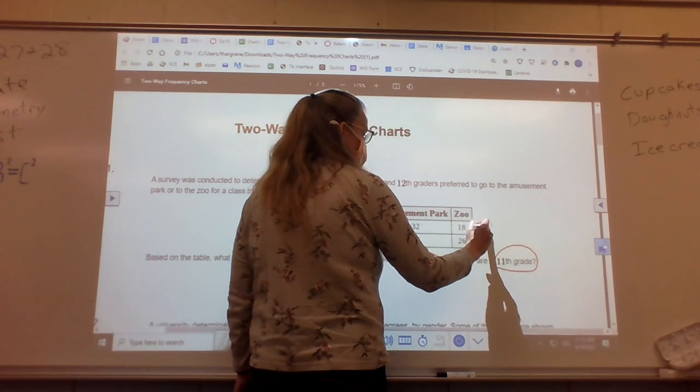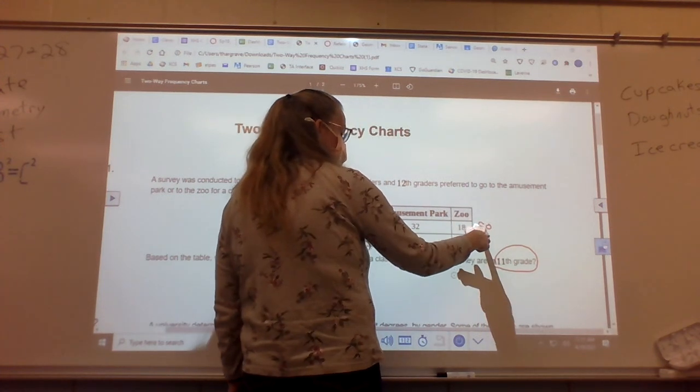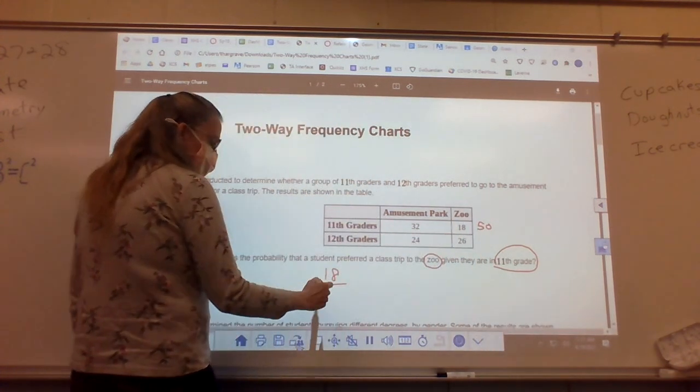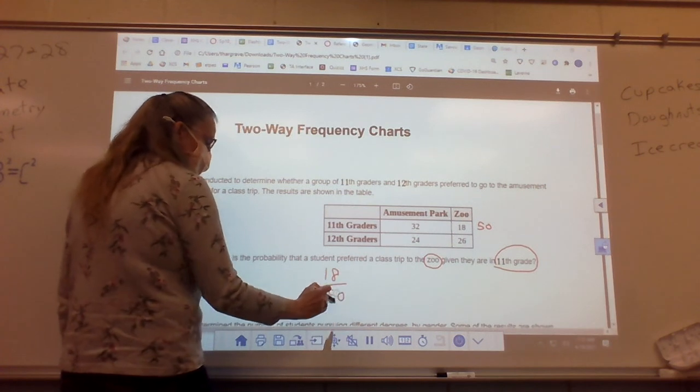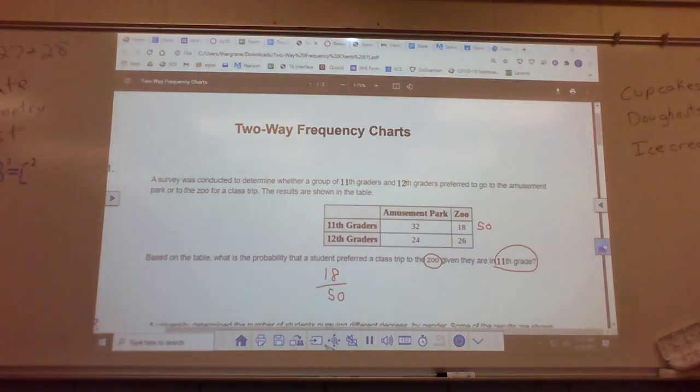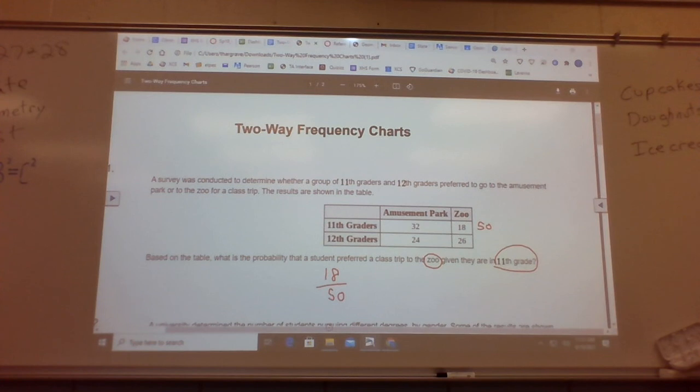So it's 50 here. So that goes here. Since it says given they are 11th grade, I want to do it based on just the 11th grade. So I didn't even need the 12th grade numbers. It was there just to kind of try to confuse us. So 18 out of 50.